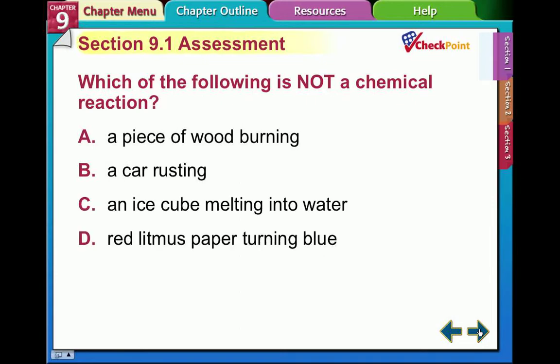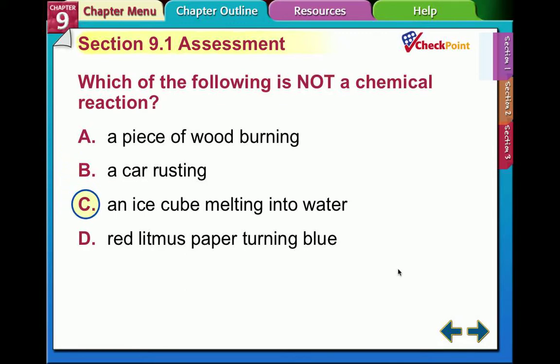Okay, which of the following is not a chemical reaction? A piece of wood burning, a car rusting, an ice cube melting into water, or litmus paper turning blue? And I'm not going to give you the answer. What do you think? And then we'll let the bouncing ball tell us. Answer is an ice cube melting.